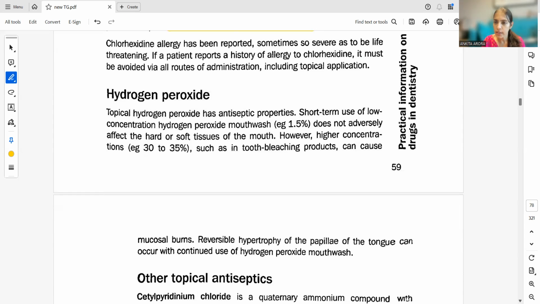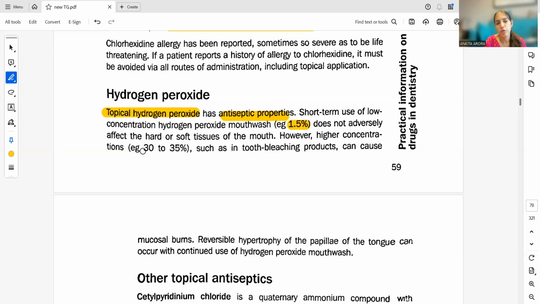The next topical mouthwash we would read about is hydrogen peroxide. Topical hydrogen peroxide has antiseptic properties. Short-term use of low-concentration hydrogen peroxide mouthwash, which is 1.5%, does not adversely affect hard or soft tissues of the mouth.